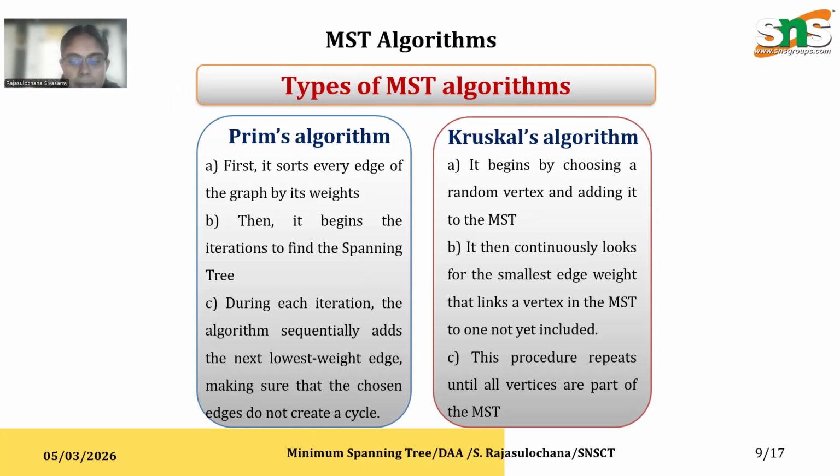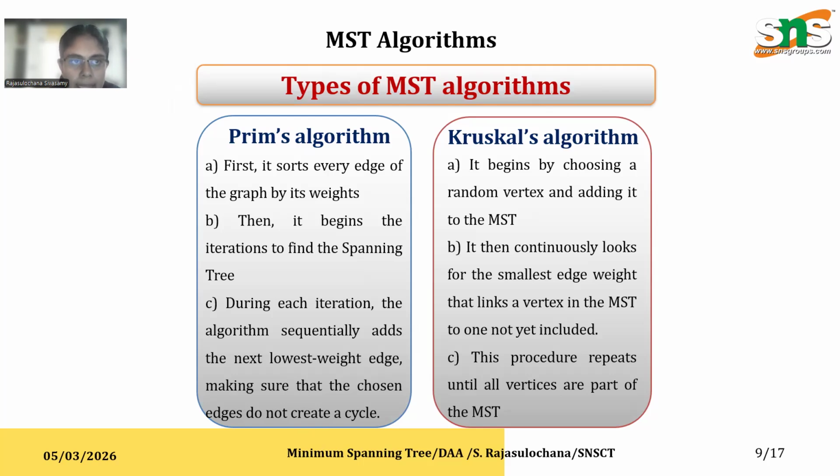First, let me explain Kruskal's algorithm, which is the easiest of all. You identify the edges along with their costs, and start including the edges in the order of minimum cost. As you include an edge, you make sure that it does not form any cycle.